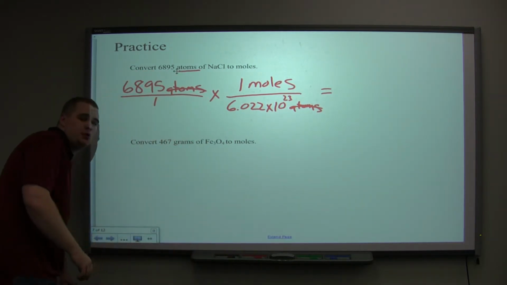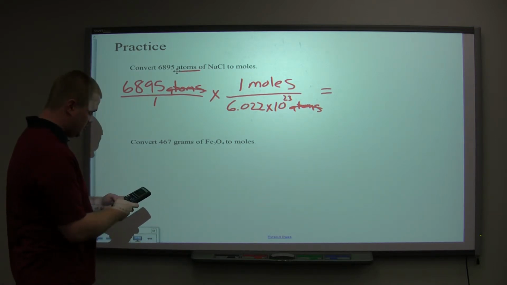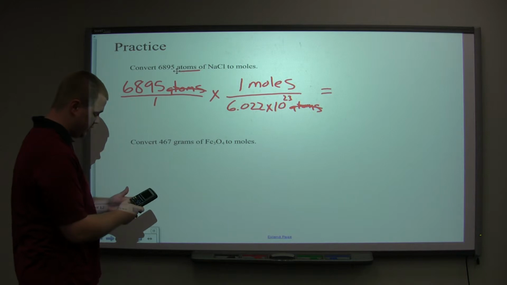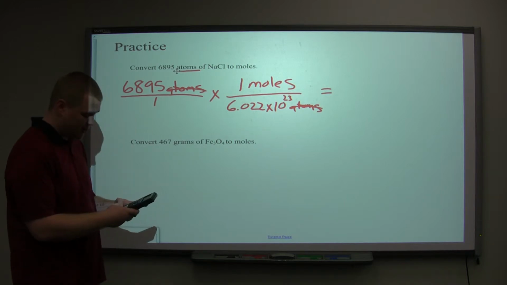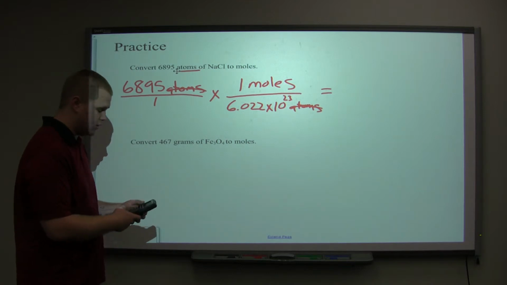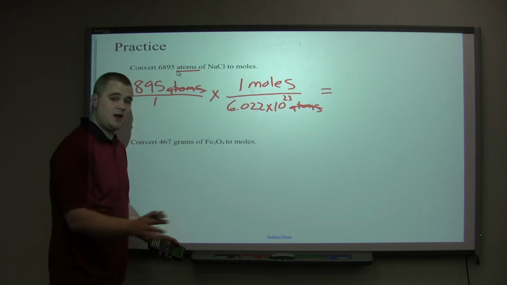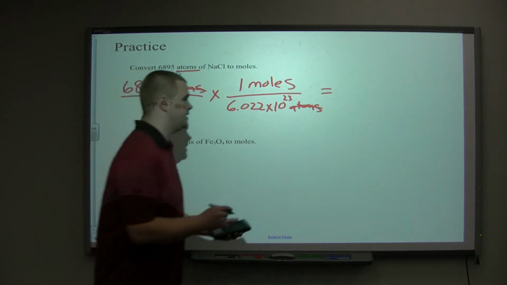Let's do this math real quick. We have 6,895 atoms divided by the quantity of 6.022 times 10 to the 23rd. Anybody have that answer? Yes, that's right.